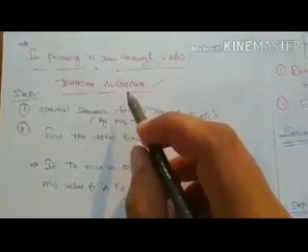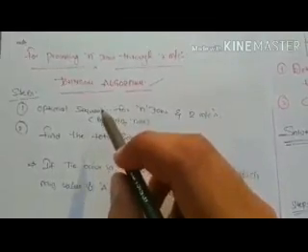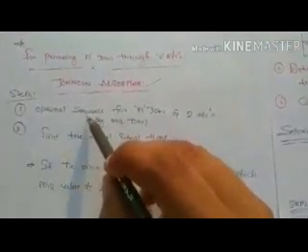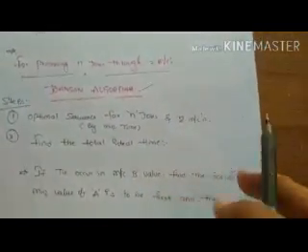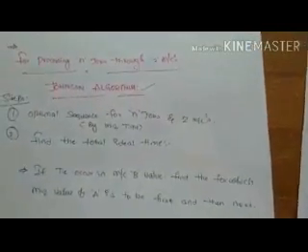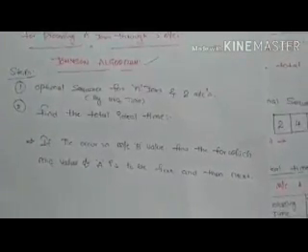The steps to be followed: first, find the optimal sequence for n jobs and two machines by minimizing the time. And second, find the total idle time.